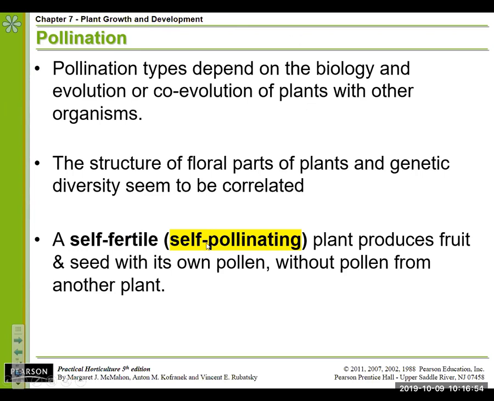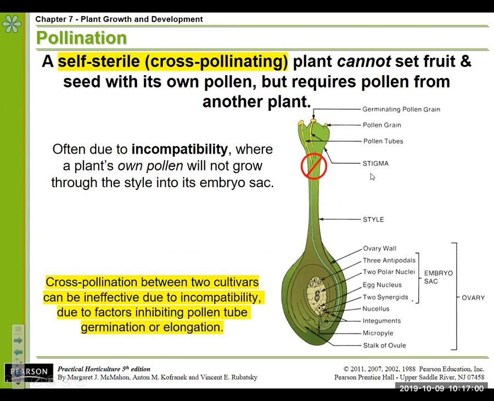A self-fertile or self-pollinating plant produces fruit and seed with its own pollen. So a self-sterile or cross-pollinating plant cannot set fruit and seed with its own pollen due to these incompatibility mechanisms because it needs this genetic influx.